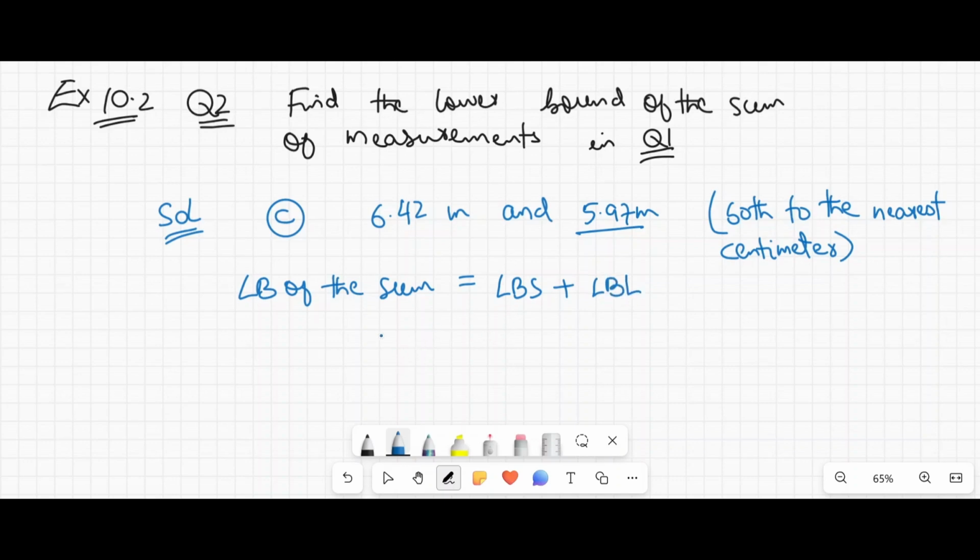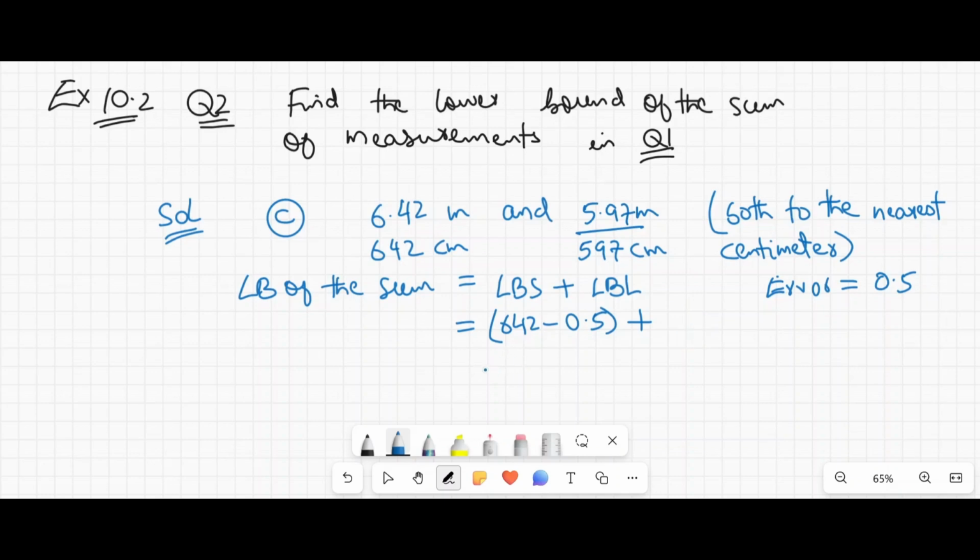So first convert these, because we have already converted them into centimeters. So this becomes 642 centimeters, and this becomes 597 centimeters. So now the accuracy is 1 centimeter, and the error term here is 0.5.